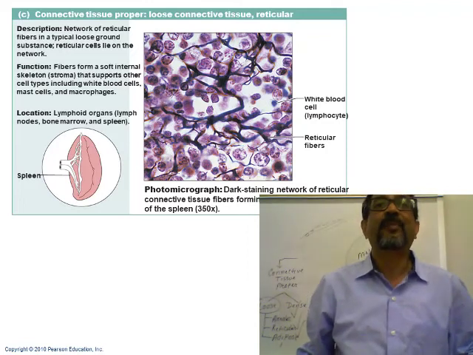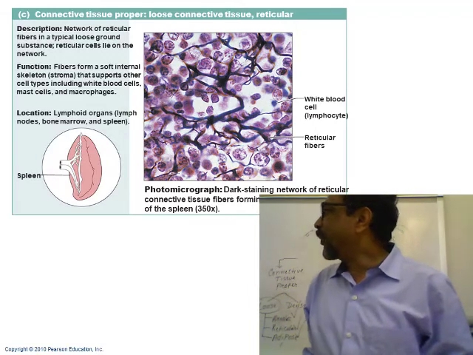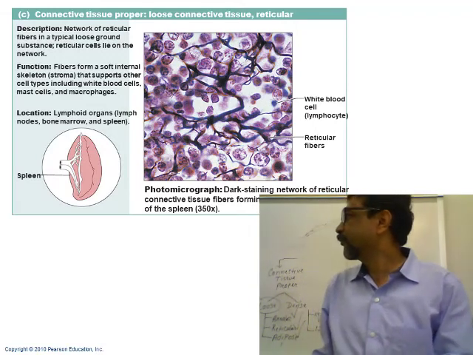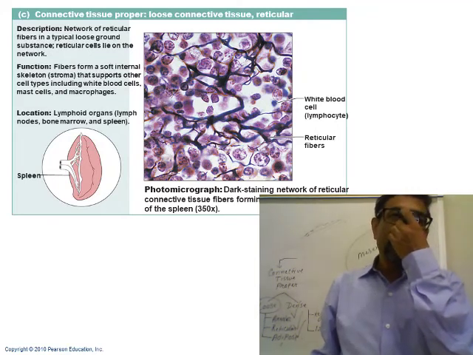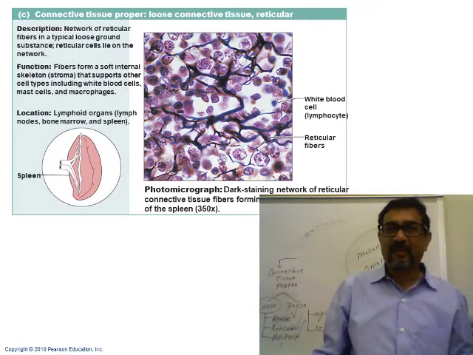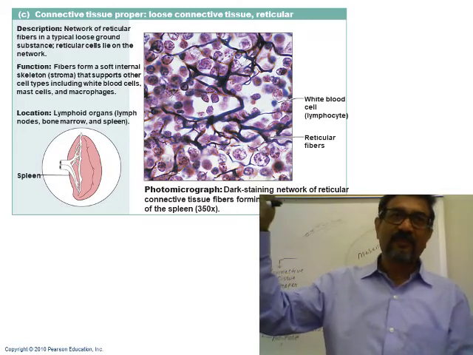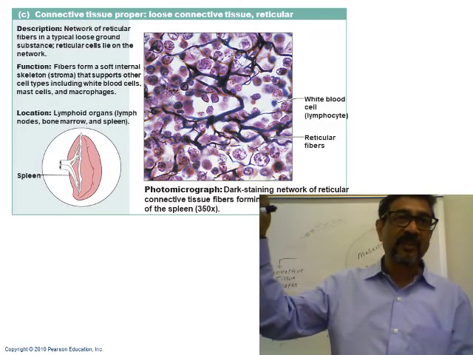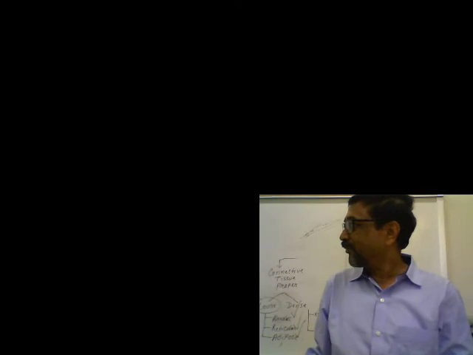Tonsils, spleen. Also write bone marrow. So, bone marrow and lymph organs. What are the lymph organs, everybody? Thymus, tonsil, lymph nodes, right? Spleen. So those are the lymph organs.